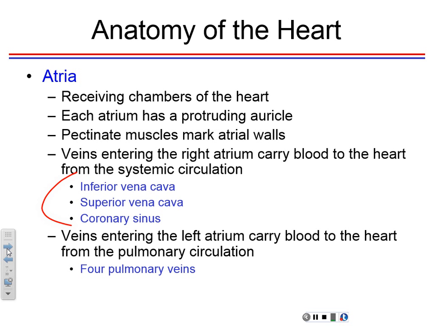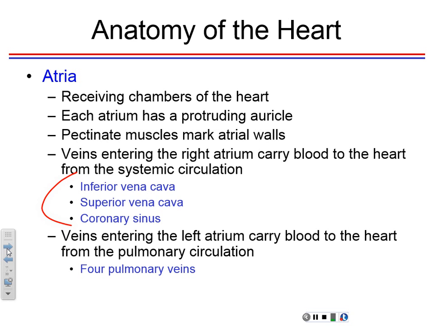And then it will come back to the left atrium through 4 pulmonary veins carrying oxygenated blood. They're just called veins because they're heading towards the heart, but they're carrying oxygenated blood. And 2 from the left side, 2 from the right side.